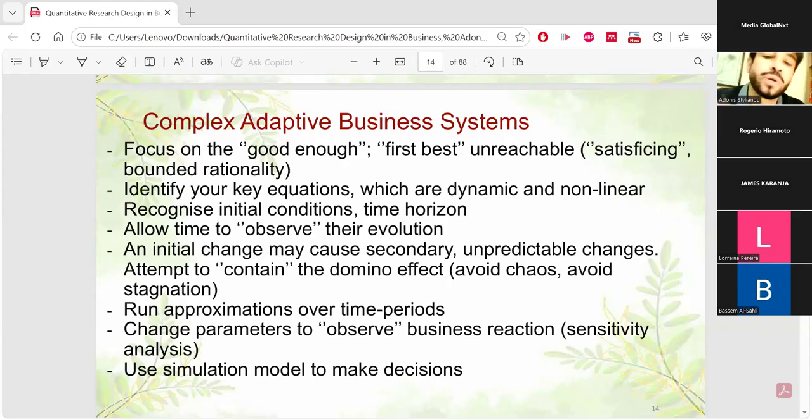Basically, dealing with complexity means that we recognize that our business is dealing with many stakeholders at the same time. We are also dealing with many interactions, effects, many interrelations among those stakeholders. Therefore, it's literally impossible to identify a number of explanatory variables which are going to help you during the analysis.